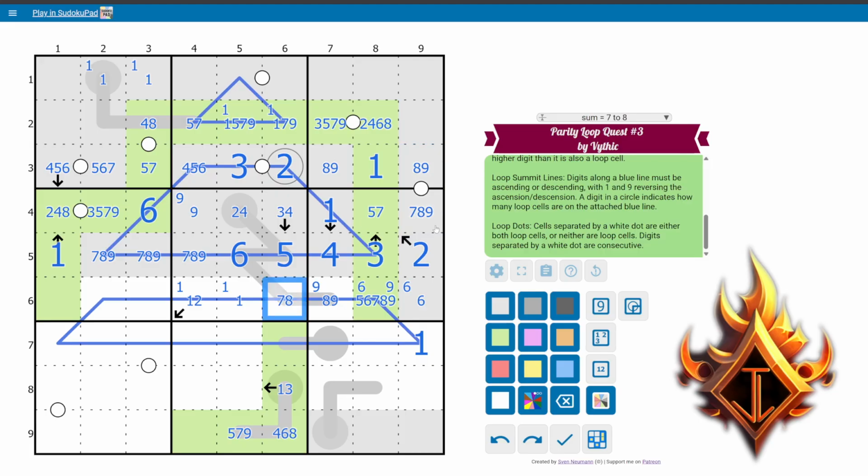If this digit is that one, 8, 8 nines, can I map them?